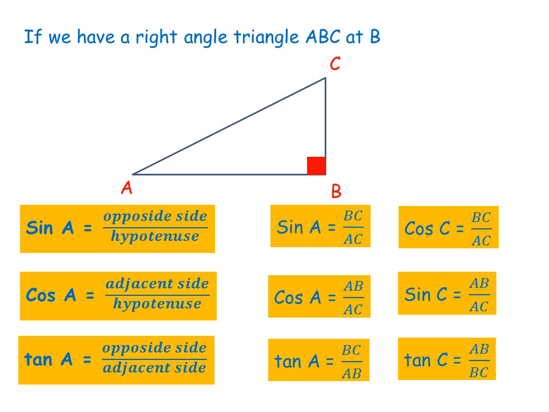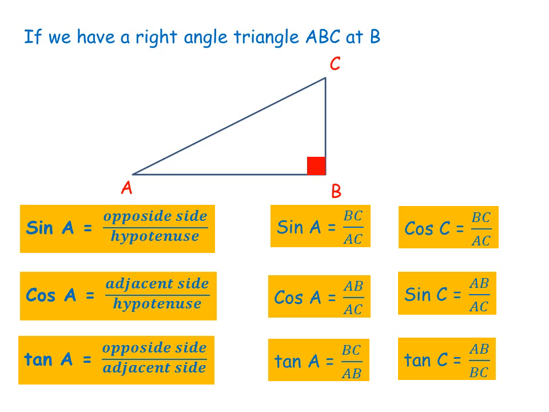Now, I can deduce that for any two complementary angles, meaning two angles whose sum equals 90 degrees, like A and C, sine A equals cosine C, and cosine A equals sine C. The sine of one equals the cosine of the other one, and vice versa.